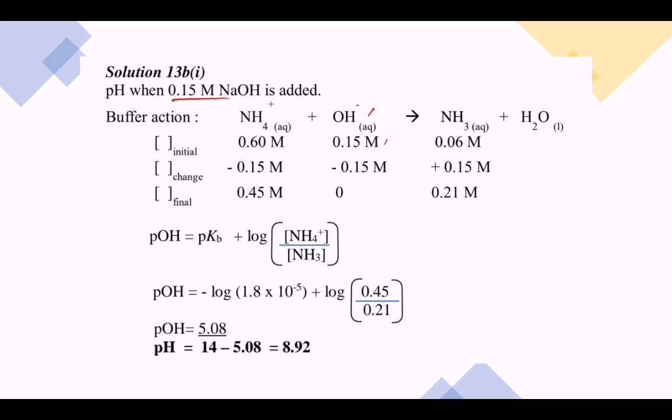So first, you have to identify the equation involved for the reaction. So OH minus, which is a base, will react with the acid in the buffer solution. So we have the conjugate acid, which is NH4+. So this reaction will produce NH3 and H2O.